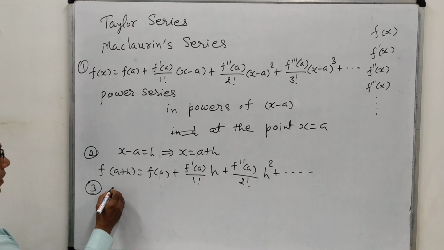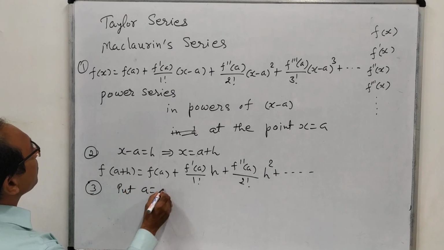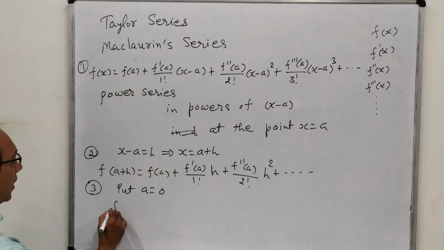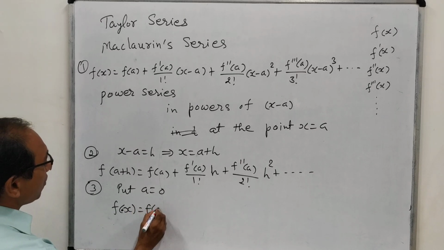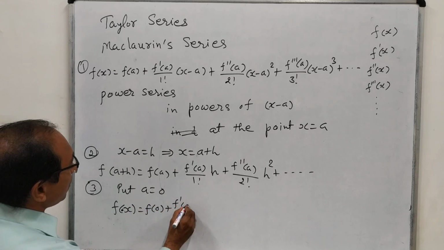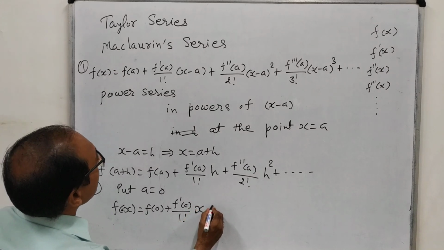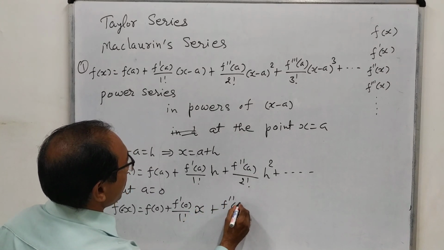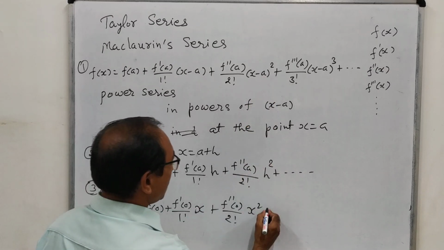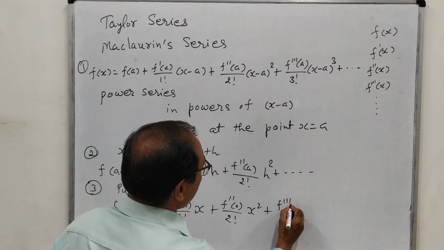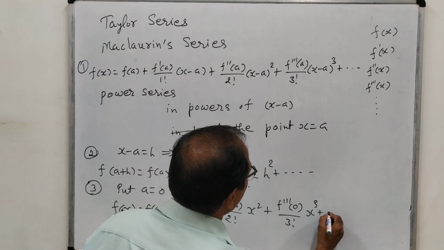So here in the third form we will put a equal to 0. If we put a equal to 0, then this will become f of x equal to f of 0 plus f dash 0 upon 1 factorial into x, since x minus a means x only, plus f double dash 0 upon 2 factorial into x square, because a equal to 0, plus f triple dash 0 upon 3 factorial into x cube plus dot dot dot.